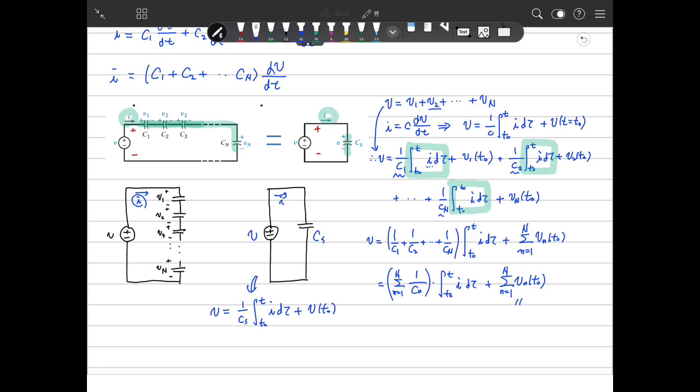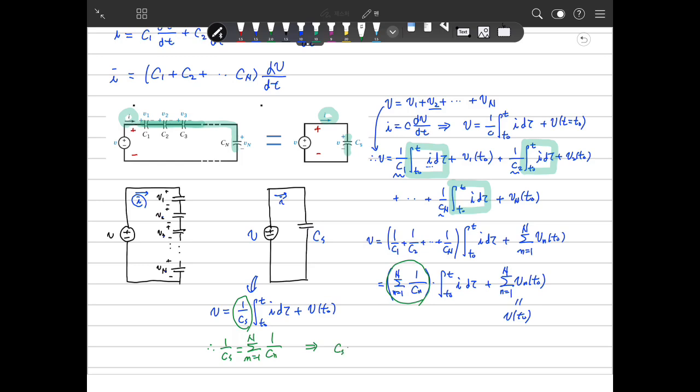Actually, this is the same as V(t0). Therefore, that term is the same as that term. So 1 over Cs is equal to the sum here.